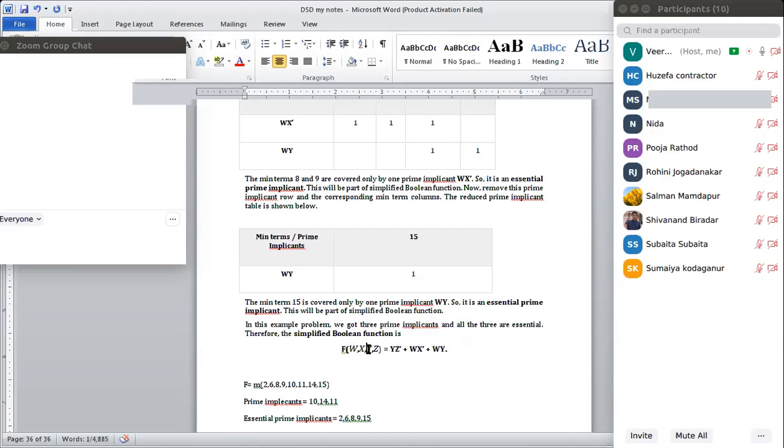The K-map is also used only up to 6 variables. Whenever there are more variables, say 7, 8, or 10 variables, then K-map is very tough. So the Quine-McCluskey method is very easy.